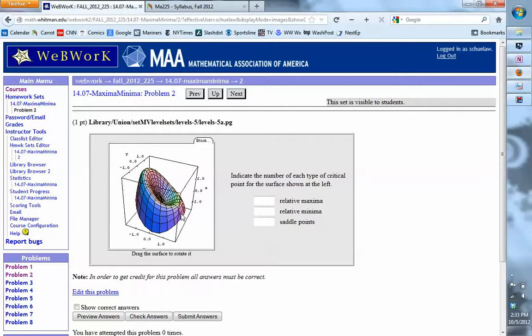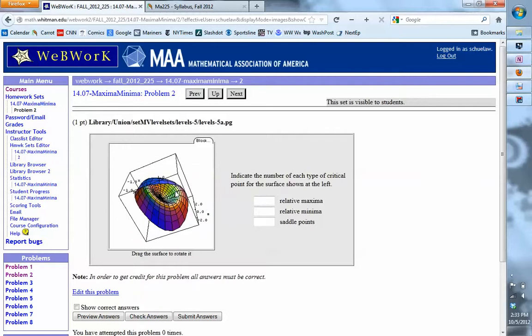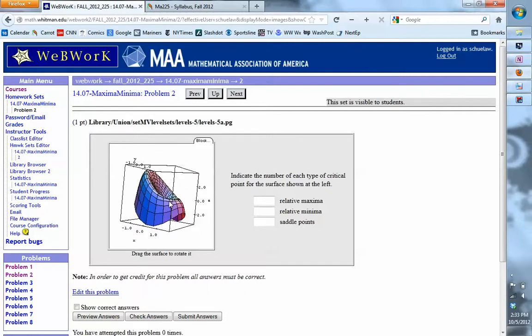You're looking for places on the surface that are higher, at least in a little neighborhood, that are higher than everything around it. And you can see that there's clearly one here at the top of the surface. And you might also note that there's clearly a local minimum down here inside. So maybe those 2 are easy to pick off.